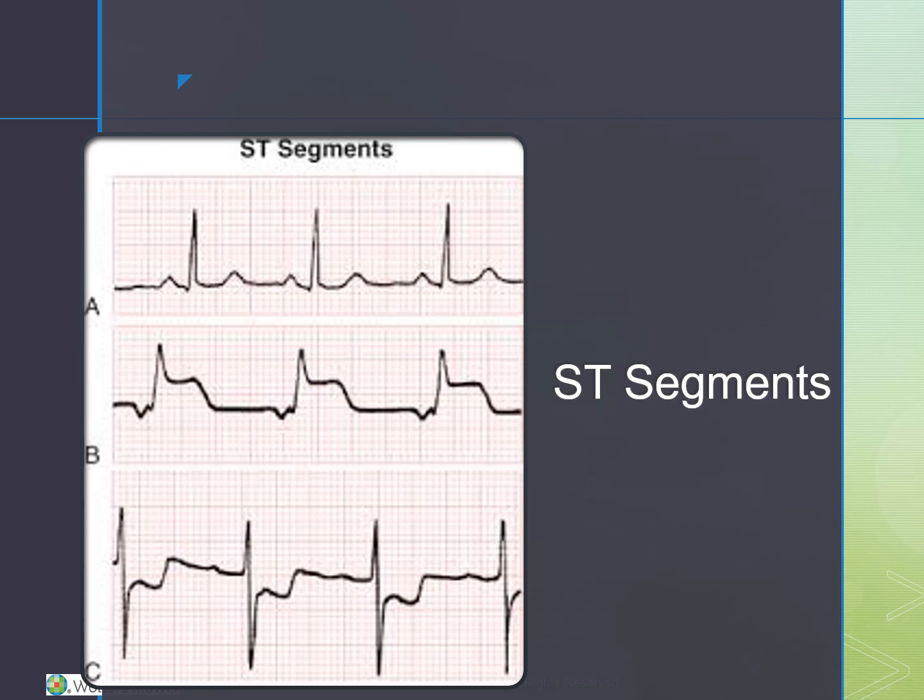If that space between those two is elevated, or if it is depressed, that is telling us this client is having a myocardial infarction. So they're having a ST elevated MI or STEMI, or a non-ST elevated MI or a non-STEMI.